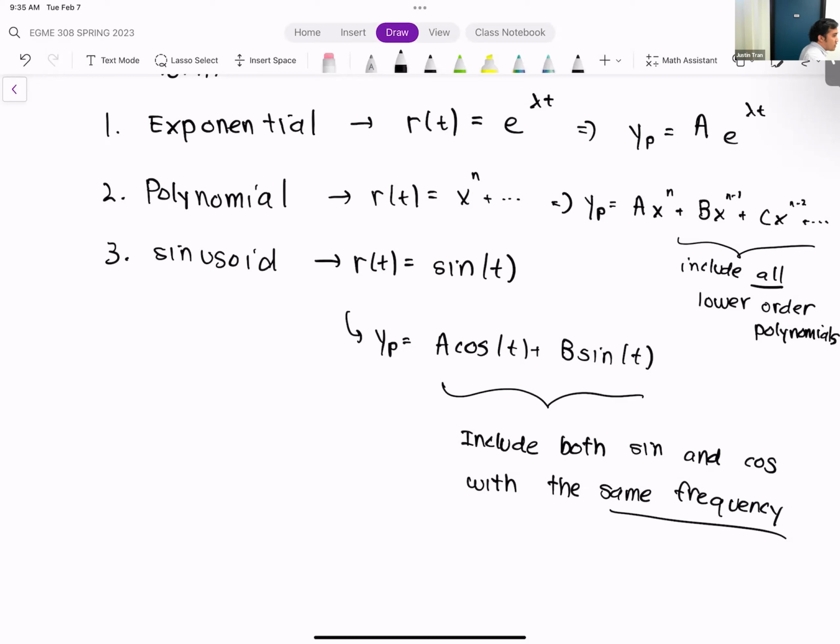No matter if you have just a sine or just a cosine, your guess has to include both. The only thing you have to make sure of is that the frequency you choose for your particular solution is the same frequency as the forcing.